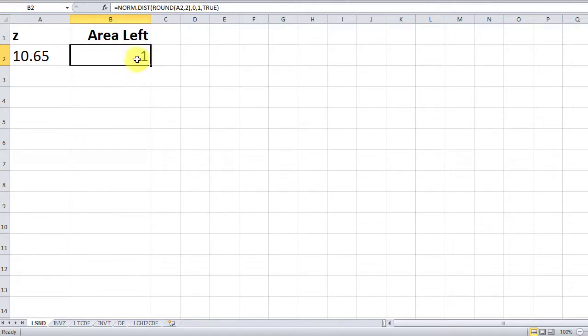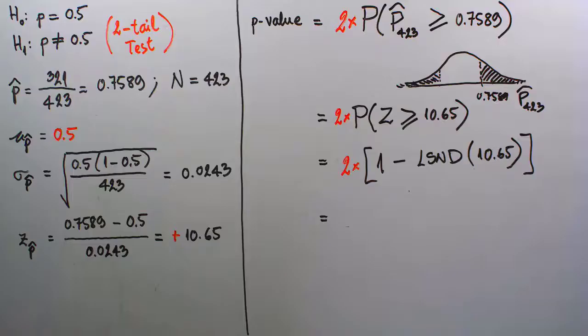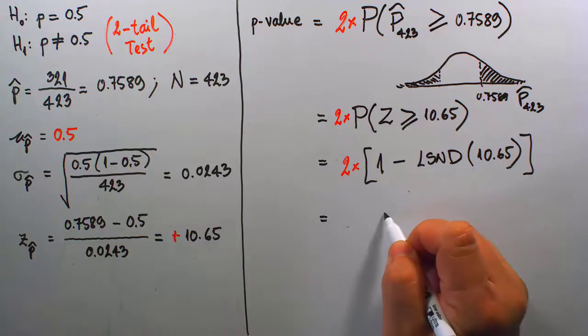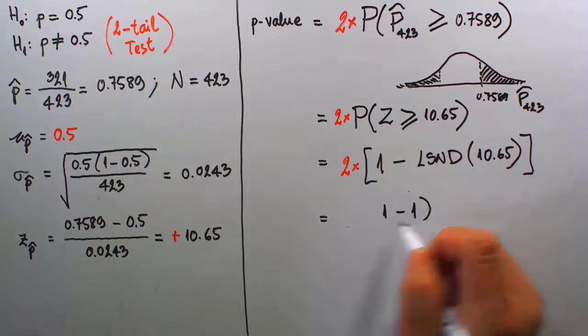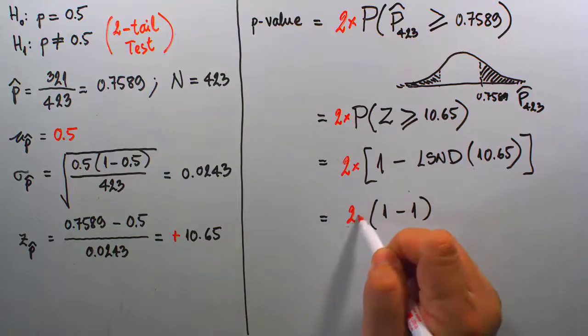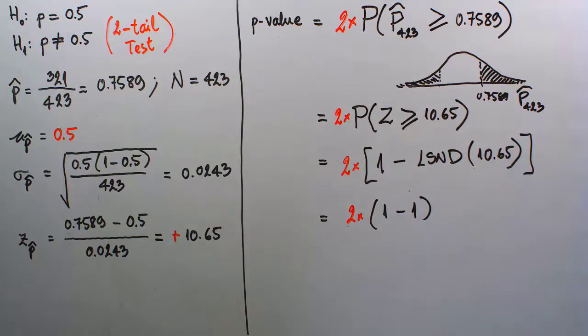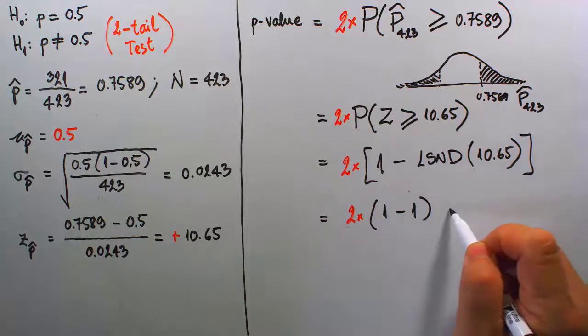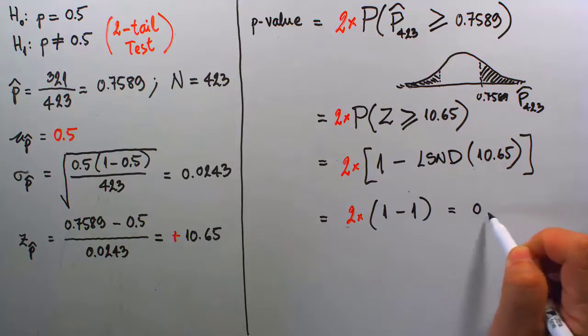Or basically this means some value that's literally speaking 1. So back in our problem, 1 minus 1, but don't forget to multiply all that difference by 2. Our final p-value comes out to be 0.